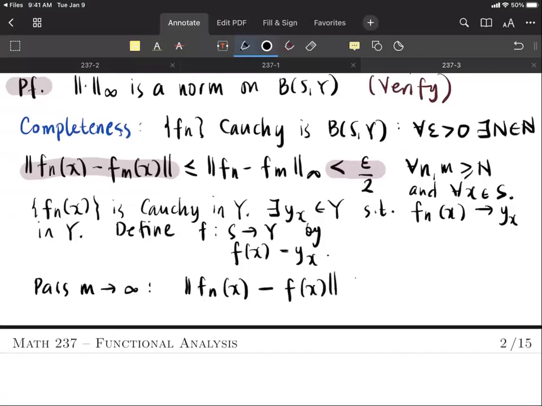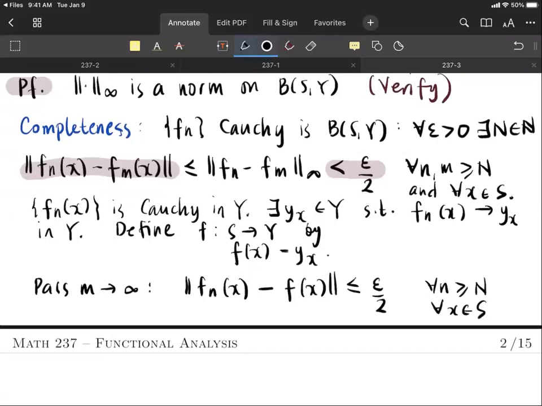This is less than or equal to epsilon over 2. So we have a possible equality if we apply the limit. Of course, this is valid as long as n is greater than or equal to N, and this is valid for any x in S.